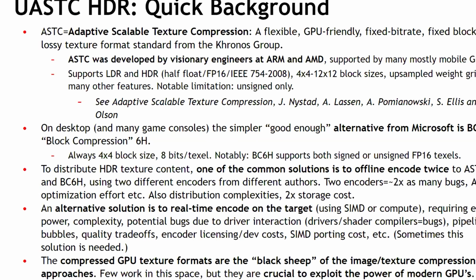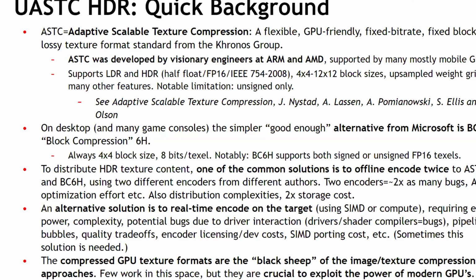So here's how this tech works: we have a reference encoder, which encodes to a standardized subset of ASTC HDR. We are taking this massive complex format, ASTC, the most complex GPU texture format, and simplifying it so that it can be efficiently transcoded to the desktop HDR form, which is BC6H.